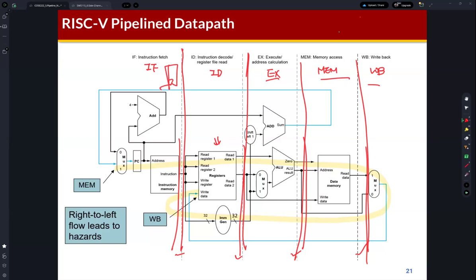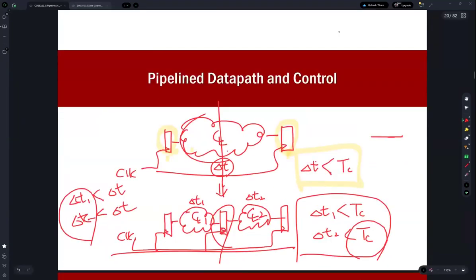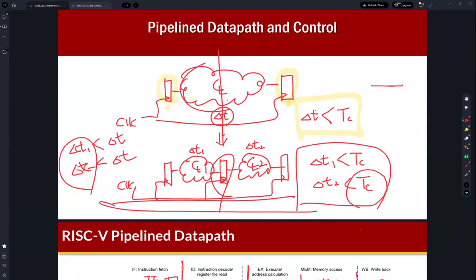Okay, do you understand? So in order to reduce the critical path, we can just cut the combinational logic path, and we can insert D flip-flops between the split combinational logic parts.